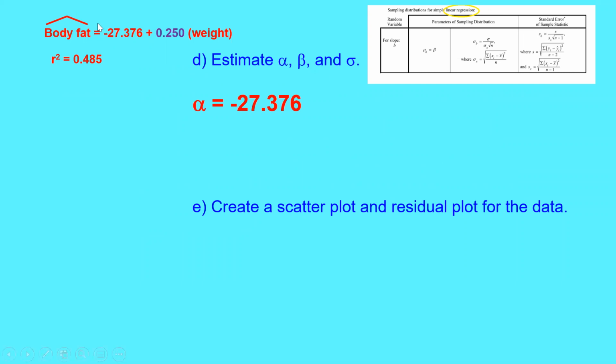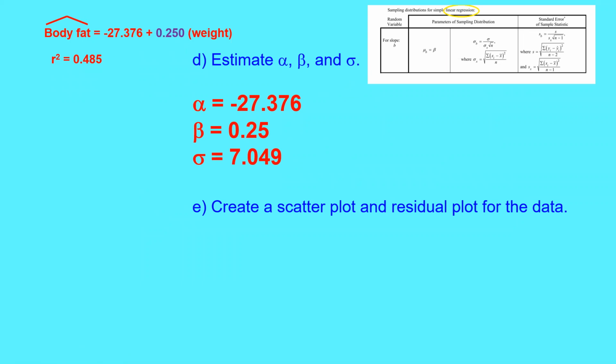Alpha is just, from the problem, your y-intercept, negative 27.376. Beta is your slope of your regression line, so 0.25. And sigma you can find on the calculator using your least squares regression line test, or if you want to use the formula, but you'll get 7.049.